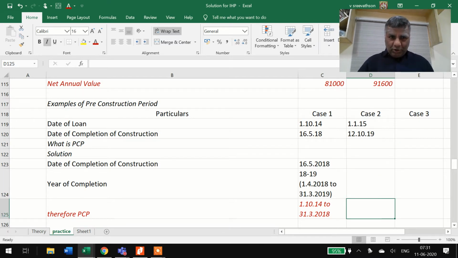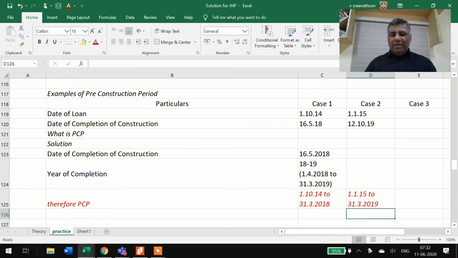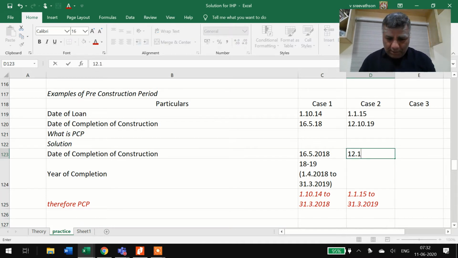I want the pre-construction period. Yes, sir. Take your time. So 1/1/15 to 31st March 19. 1/1/15 to 31/3/2019. Anybody having a different answer? Do you understand? Yes, she is right. It is 12/10/19, my dear friends.